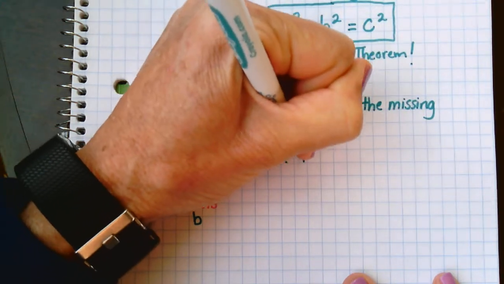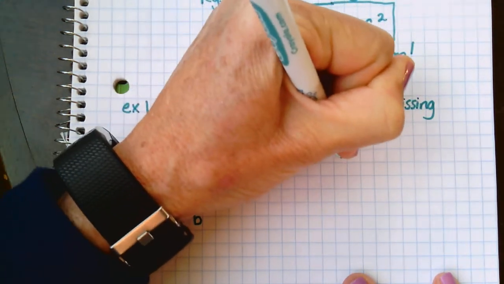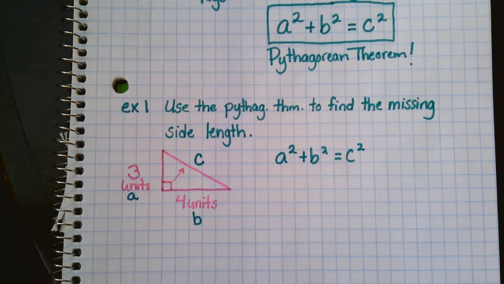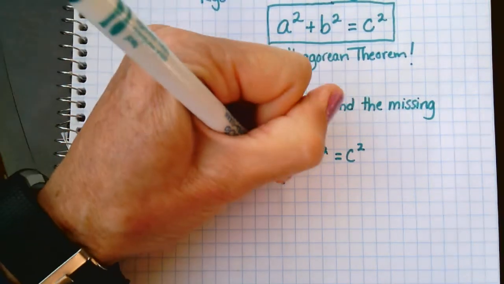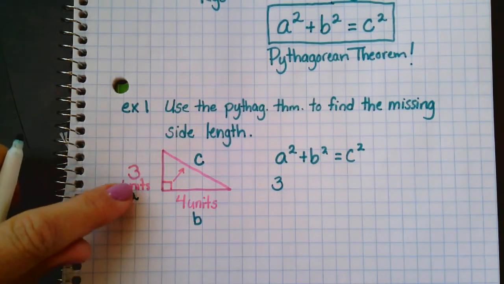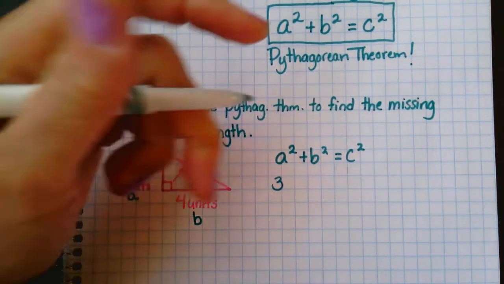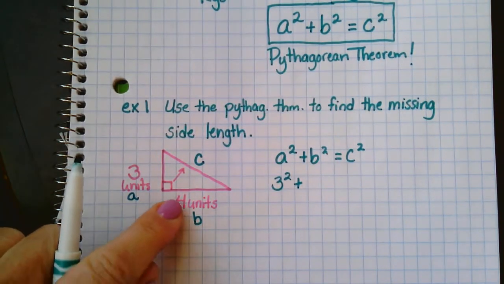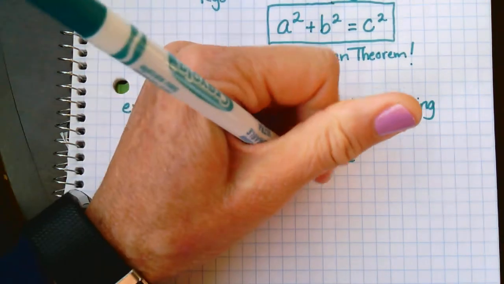A squared plus B squared equals C squared. So we need to square the two shorter sides and add them together. Let's plug in these numbers. 3, I'm going to substitute in for side A. 4, I'm going to substitute in for side B.